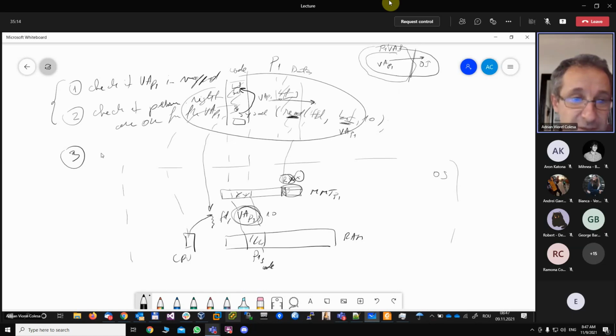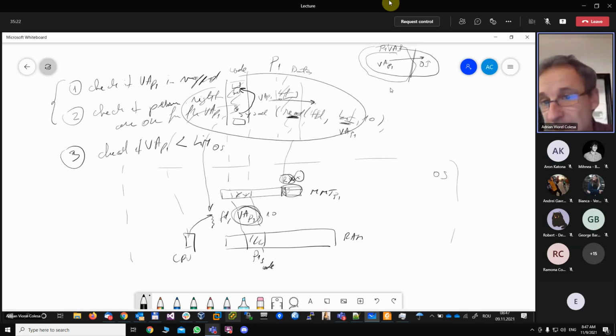So that's the check, the third condition. Check if VA P1 is less than some limit of OS, okay? That's the limit of OS. So the virtual address from where the OS is mapped, okay? So it must be like that. If it's equal or greater than this limit, it should not be allowed.